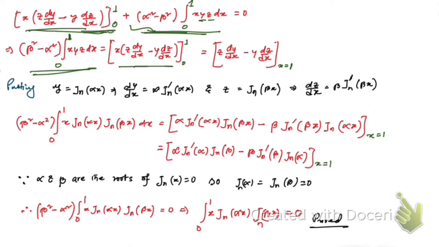So alpha square minus beta square becomes beta square minus alpha square. I hope you have understood; these are very simple simplifications.